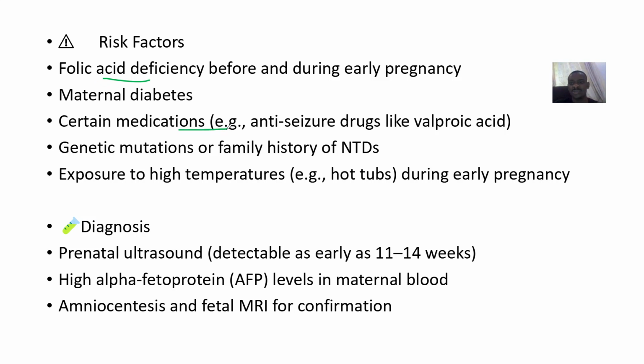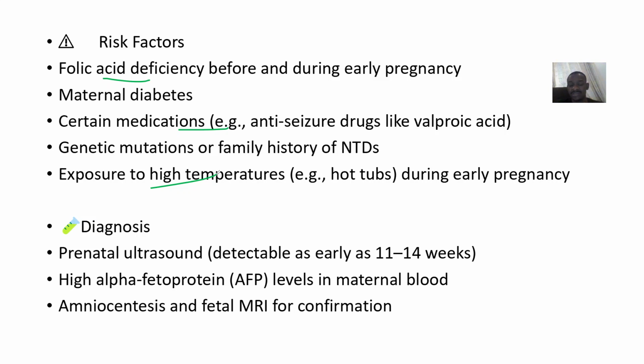She was taking some drugs, so the side effect of those drugs affected the baby. Anti-seizure drugs like valproic acid. Maybe it's just a genetic thing, or maybe there's a family history of anencephaly here and there. Maybe she was exposed to high temperatures during pregnancy.